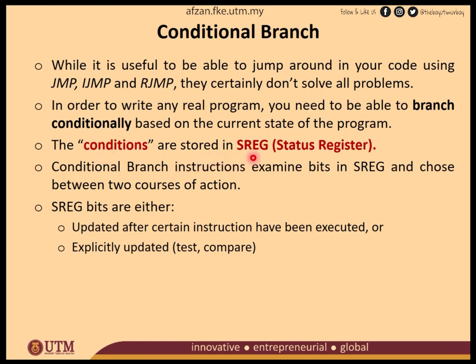You have an 8-bit status register with 8 types of flags: I flag, T flag, H, S, V, Z, and C flags. Conditional branch instructions examine the bits in the status register and choose between two courses of action. The status register bits are either updated after a certain instruction has been executed or explicitly updated by using the test and compare instructions.